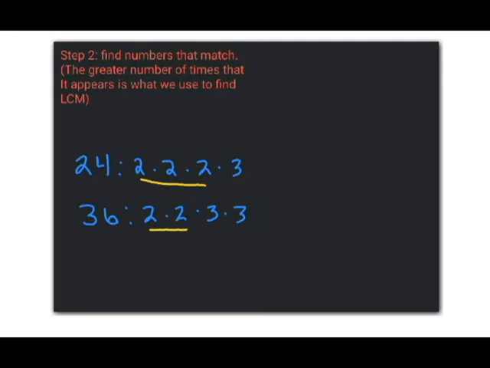In the parentheses, it says the greater number of times that it appears is what we use to find the least common multiple. What that means is that we have 3 2's in 24 and 2 2's in 36. Which number has the most 2's? The 24 does because it has 3. So we'll use those 3 2's to find the least common multiple.